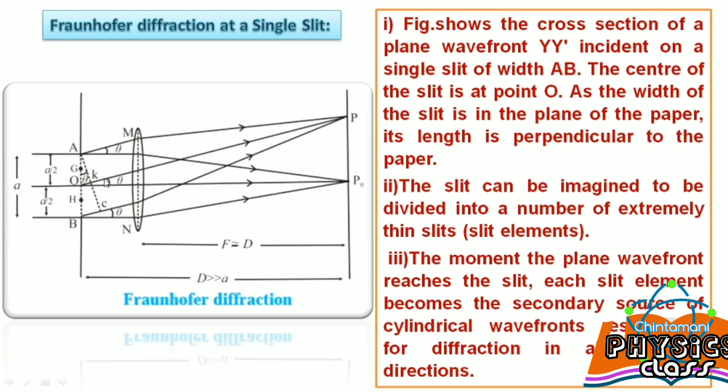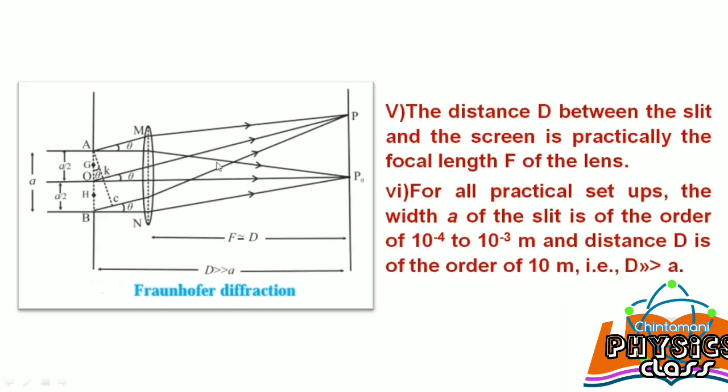The moment the plane wavefront reaches the slit, each slit element becomes a secondary source of cylindrical wavefront, responsible for diffraction in all possible directions. The distance d between the slit and screen is practically the focal length f of the lens.